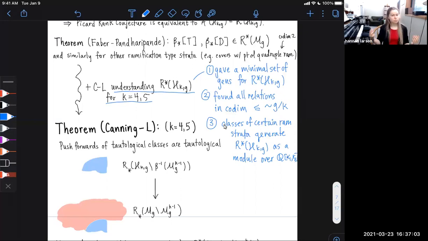And then using the push-pull formula and the theorem of Faber and Pandharipande, we can see that the push forwards of all tautological classes are tautological. And for applications, it's convenient to describe these classes we know push forward to tautological classes as tautological instead of as how they relate to ramification strata, because we'll be able to see that certain classes are tautological more readily.